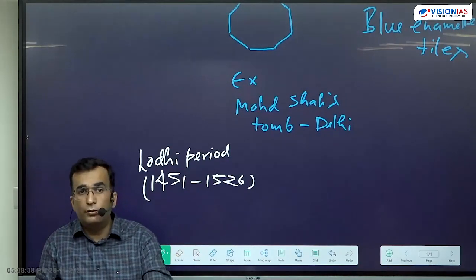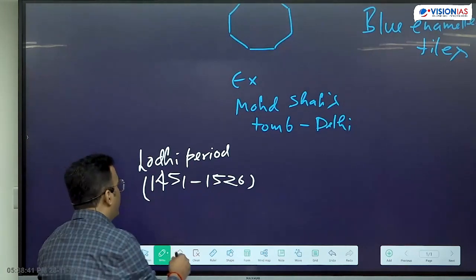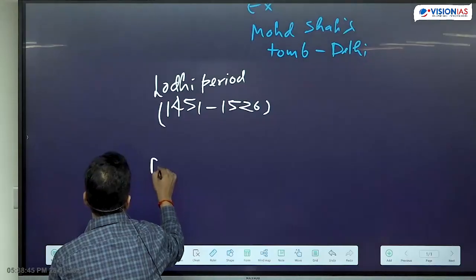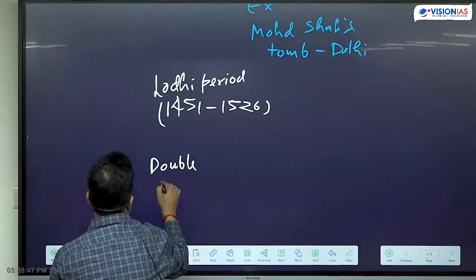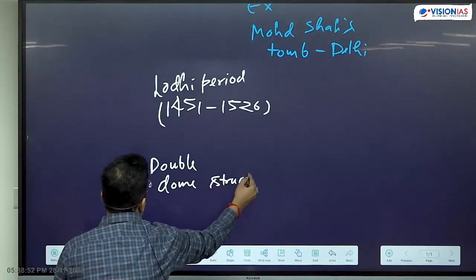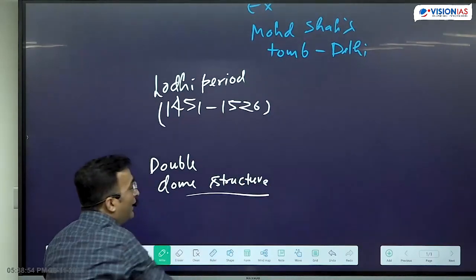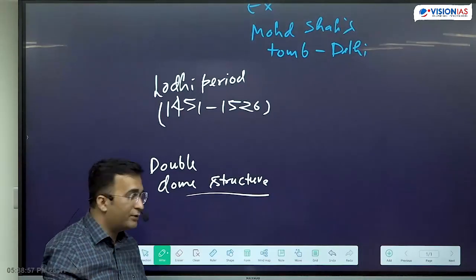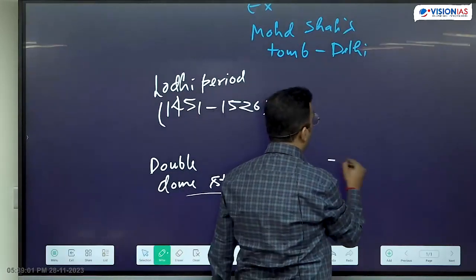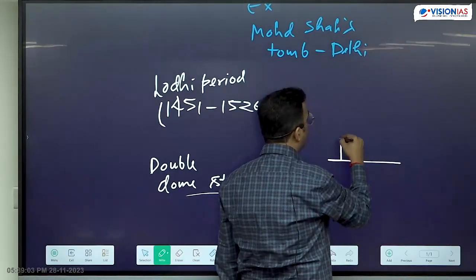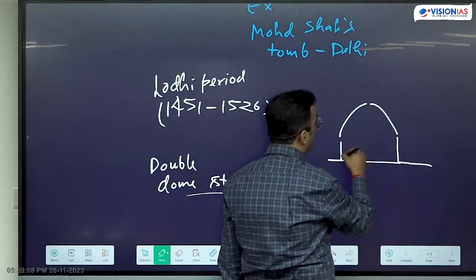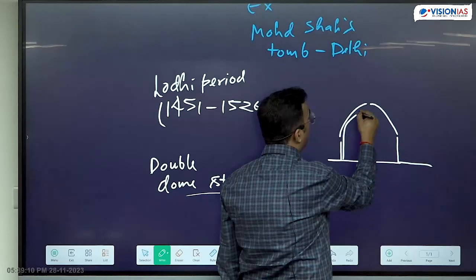The new introduction at this point of time was the double dome structure. Now we'll see what this double dome structure is. It was not only very beautiful, but at the same time highly strong and resilient. Listen carefully. Earlier, when buildings were created, the domes used to be very high like this, and there was only this kind of structure.